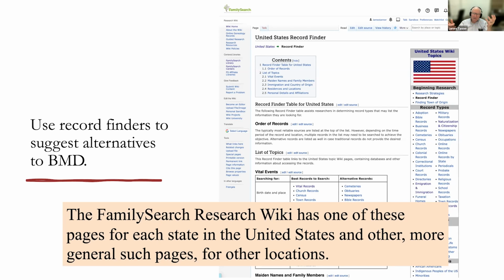Now, what would be the evidence that somebody had actually done this? Well, in the case of the FamilySearch Family Tree, it would be sources listed that fell outside of the standard birth, marriage, death records, and you saw references to a cemetery or an obituary or a newspaper article or a Bible record or a town record or whatever.